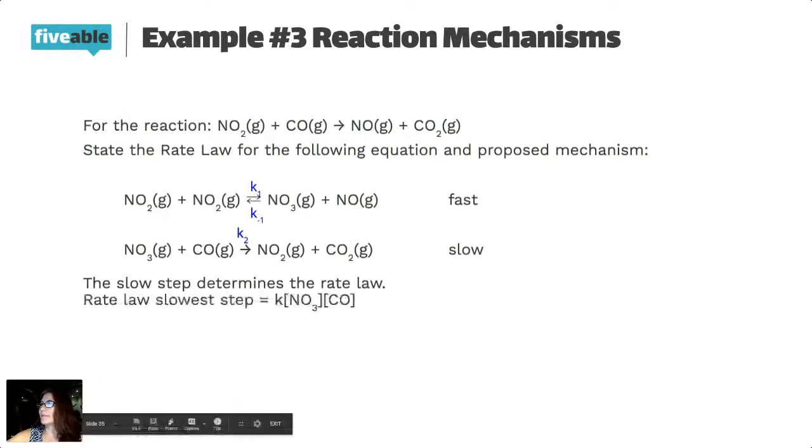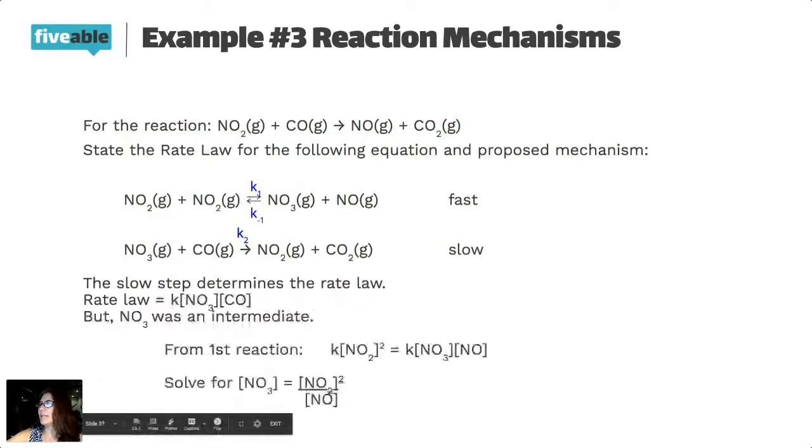Okay, so that's the rate for the slowest step: K times the concentration of NO3 times the concentration of CO. As we mentioned, NO3 is an intermediate. So we equal the rates of the first reaction. Since it's at equilibrium, we can say that the forward rate is equal to the reverse.